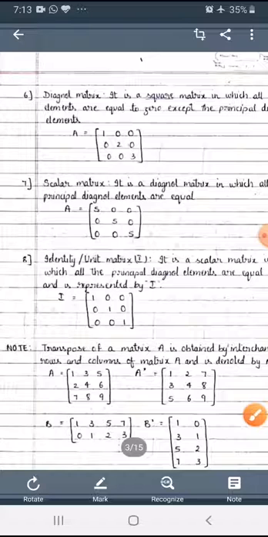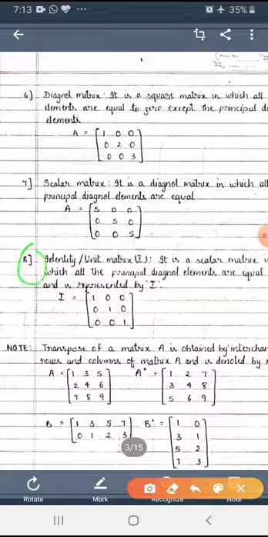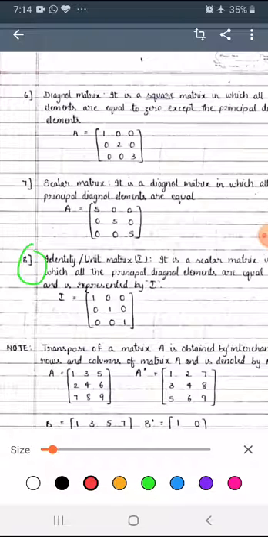Now, very important, the identity or unit matrix. It is denoted by capital I. It's a scalar matrix. But what is the difference between the identity and scalar matrix? In a scalar matrix, the principal diagonal elements are all equal to one constant, but in the identity matrix the constant is exactly equal to 1. Here it is 1 1 1, the identity matrix of order 3 by 3.